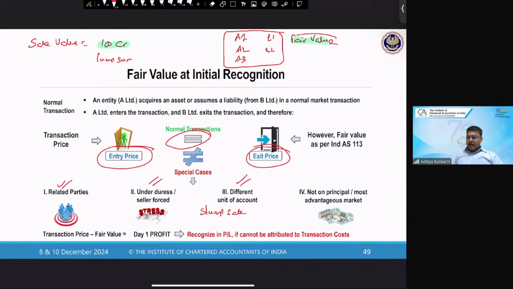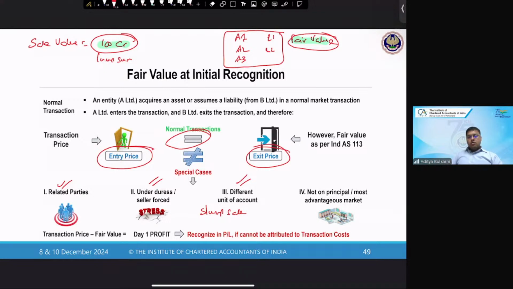Do you think my fair value here and this 100 will match? No, sir. It won't. If it matches, it is a coincidence. Either there will be a surplus that you have paid, or you paid less and you got more. Only one of these two can happen.